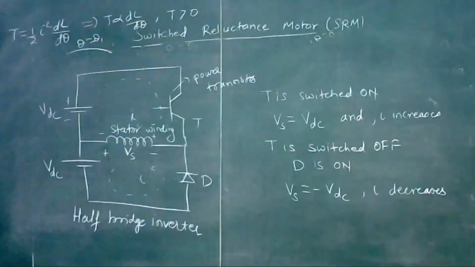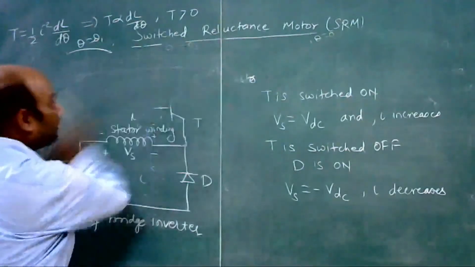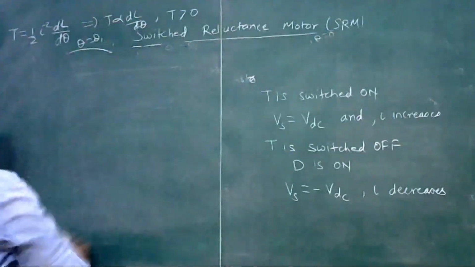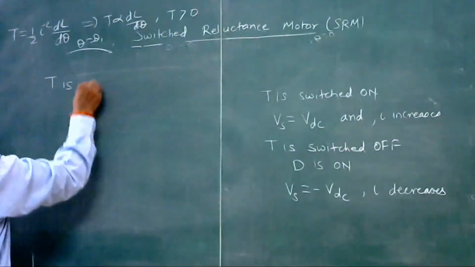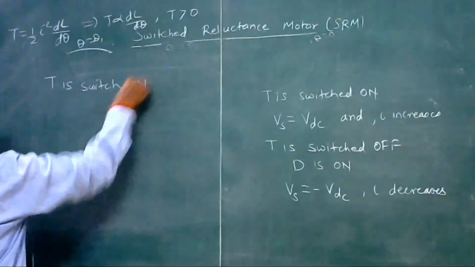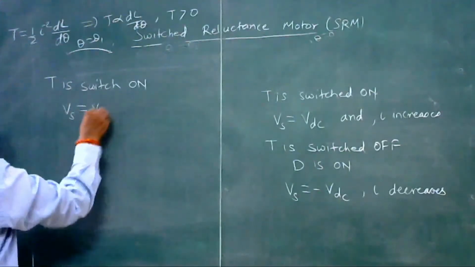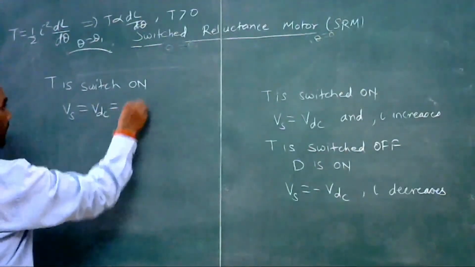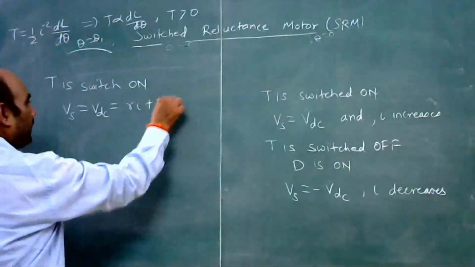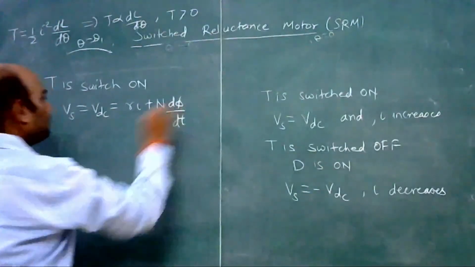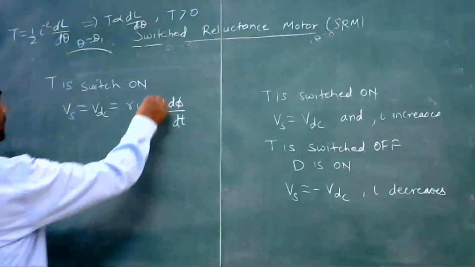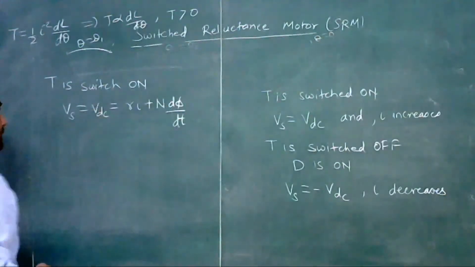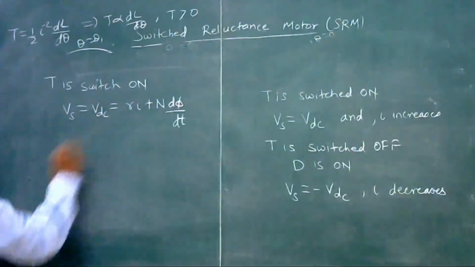Let's suppose when the transistor is switched on, Vs is equal to VDC is equal to Ri plus N d phi by dt. Here phi is the flux, N is the number of turns, and Ri is the resistive drop.